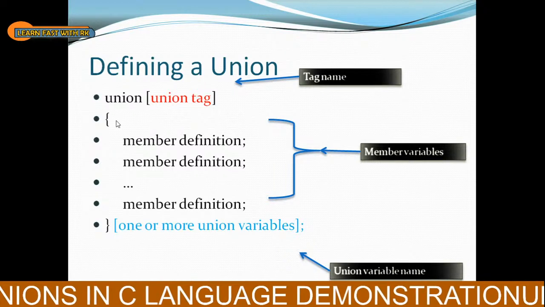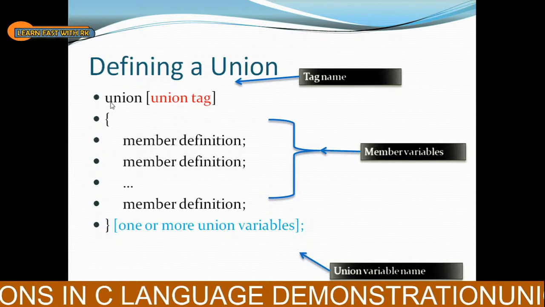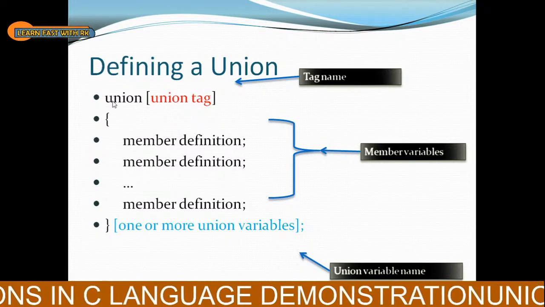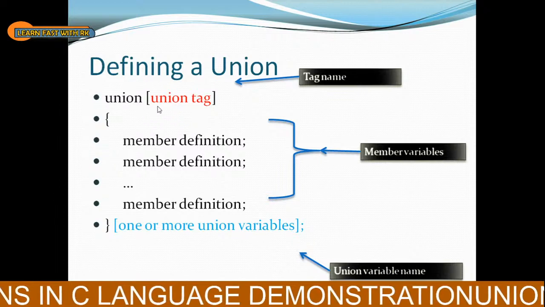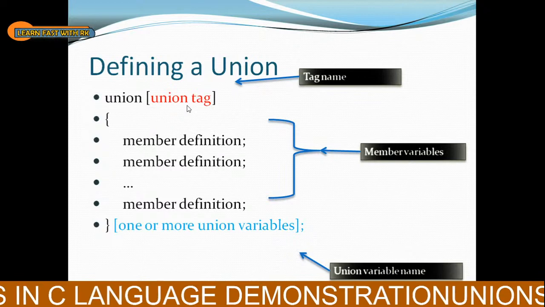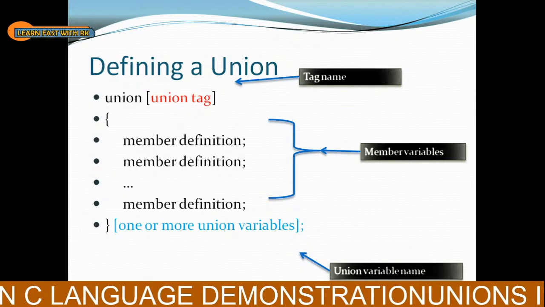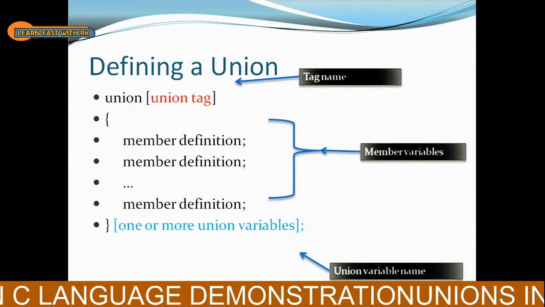Let me explain some of the keywords here. First, union is a keyword which is used to define the union user-defined data type, and the tag name given in the square brackets is used to refer to the union in further references in the program.